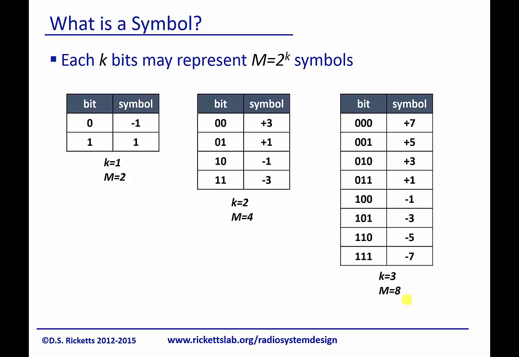All right. And so the way to think about it is if I've just got 0 and 1, I have 2 symbols, -1 and 1. But if I've got 2 bits, meaning I can have 00, 01, 10, 11, I can represent this as 4 different symbols, right? And then I can say, well, if I've got 3 bits, I can do this with 8 symbols. And so the symbol represents the collection of bits that we are going to need.